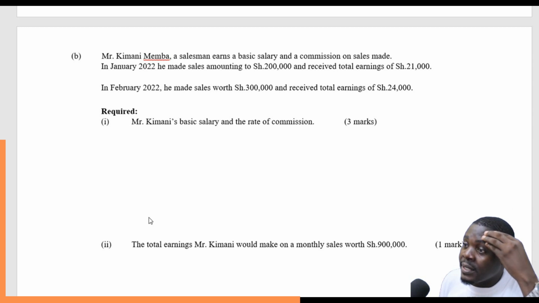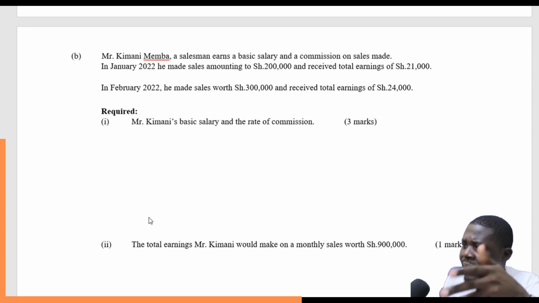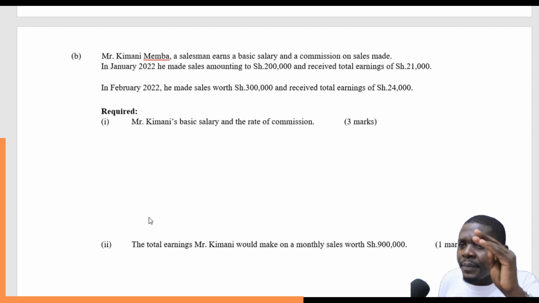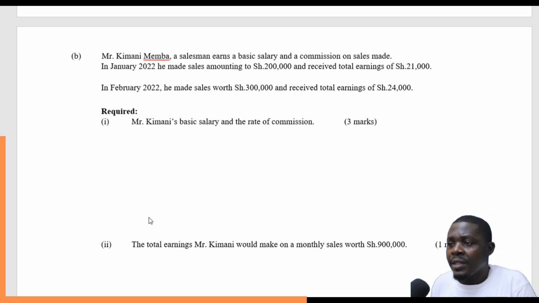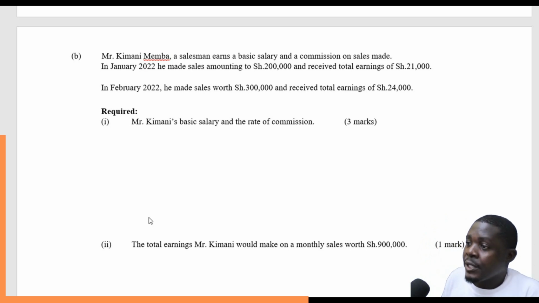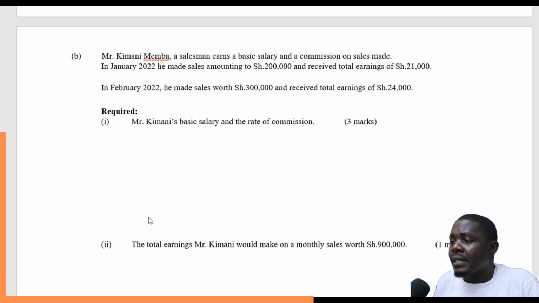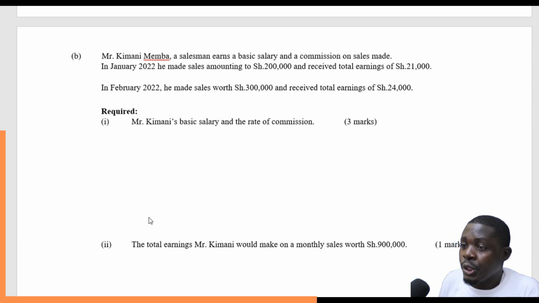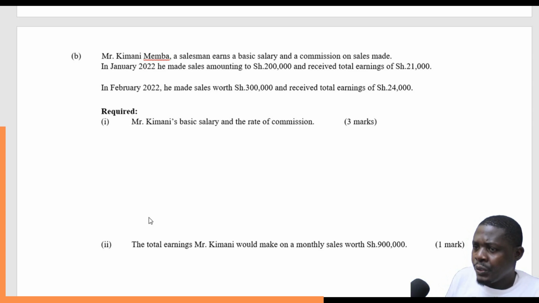This 21,000 is inclusive of both the basic salary and the commission. In February 2022, he made sales worth 300,000 and received a total of 24,000. We are asked Mr. Kimani's basic salary and the rate of commission. Let's determine the basic salary and the rate of commission.